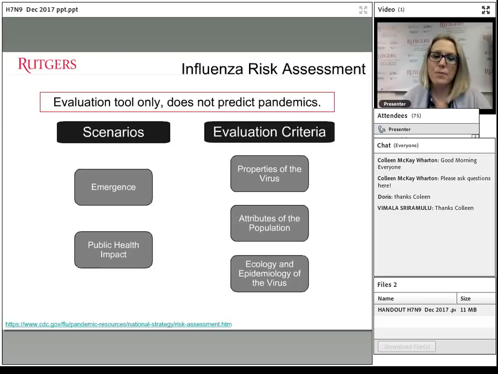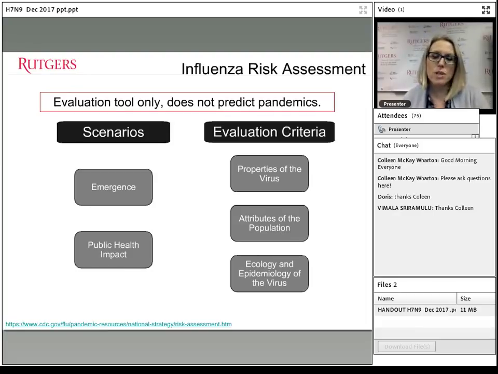It's just that they've ranked the viruses and thought about them in different scenarios, and they come up with a rating that shows the potential for that virus to cause a pandemic.